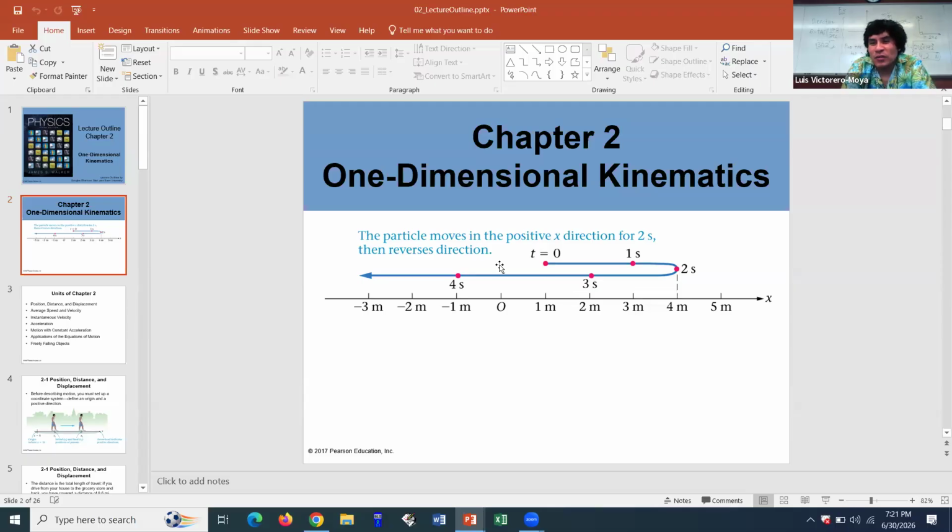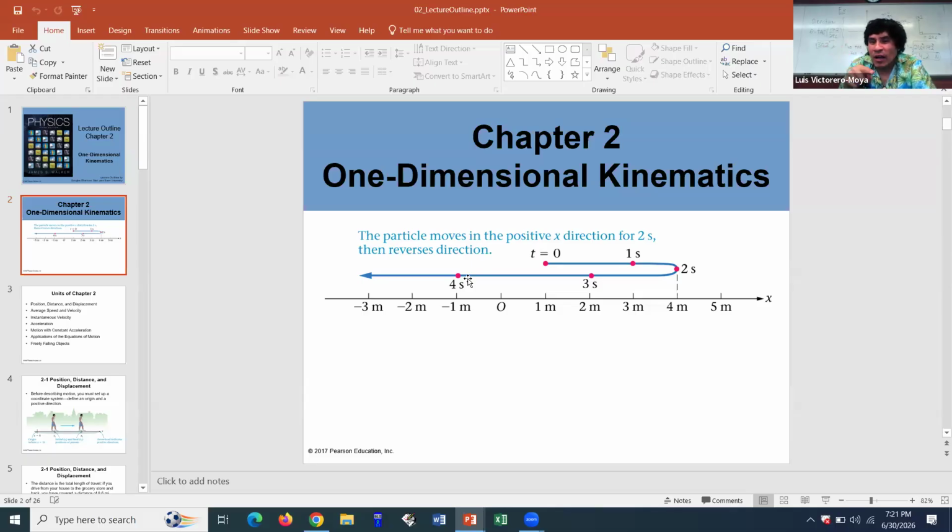So for displacement, you care about the initial and the final position. And it can be negative. For the distance, I care about the whole trajectory. Okay? That's why we say that distance is a scalar, displacement is a vector. Because I can also say that my displacement is -2 or 2 in the negative x direction. You see, that's a vector there.